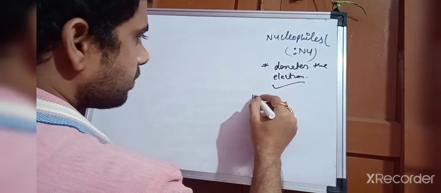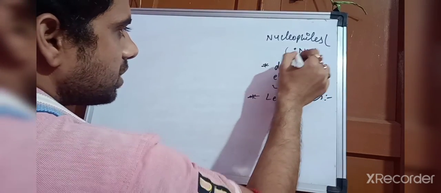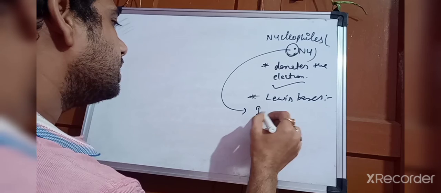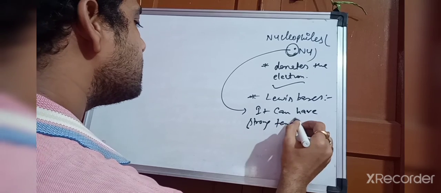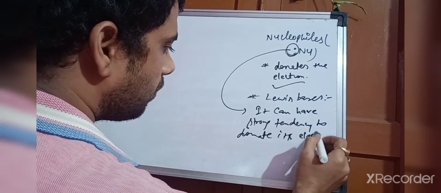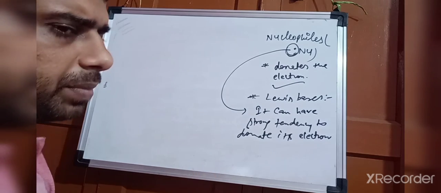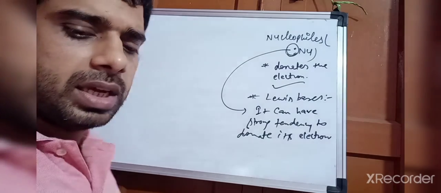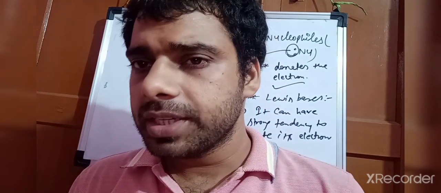Because it already has electrons present, it has a strong tendency to donate its electron to some species, and that's why it is called a Lewis base. So we now know that electrophiles are Lewis acids, and nucleophiles are Lewis bases. Okay, dear students, thank you all of you.